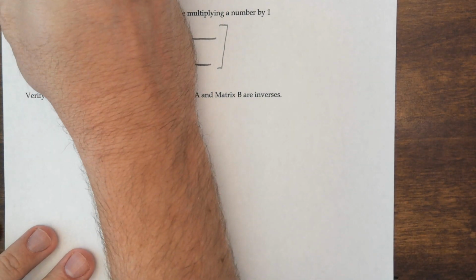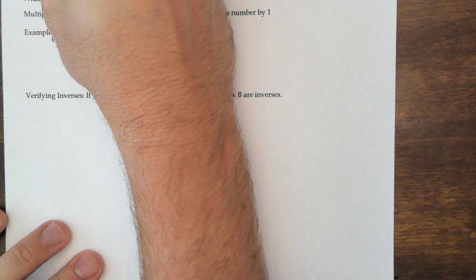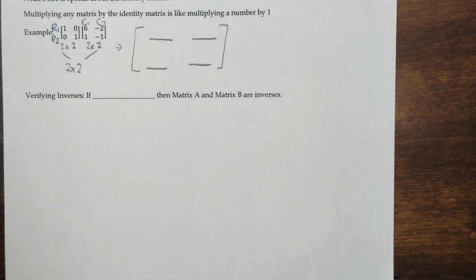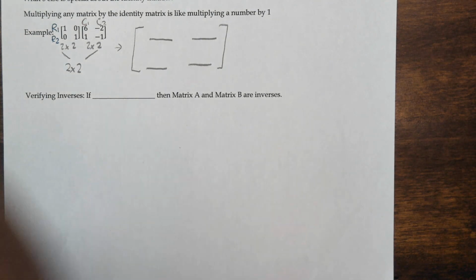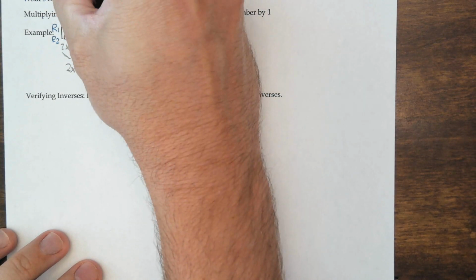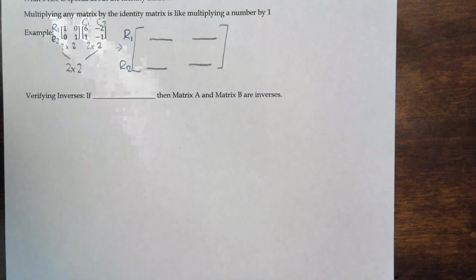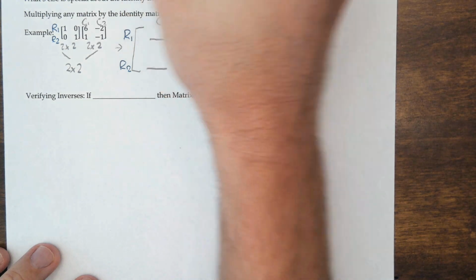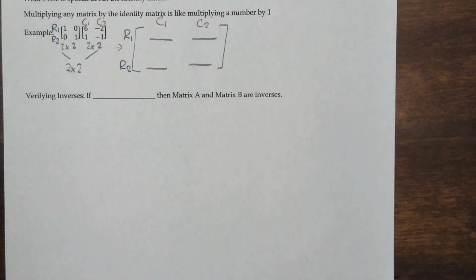I'm labeling the rows in the first matrix. So that's all I care about in the first matrix. All I care about is the columns in the second matrix. Okay, so here we go now. And then once you do that, then you label it to your solution matrix. So row 1, row 2, column 1, column 2, and here we go.